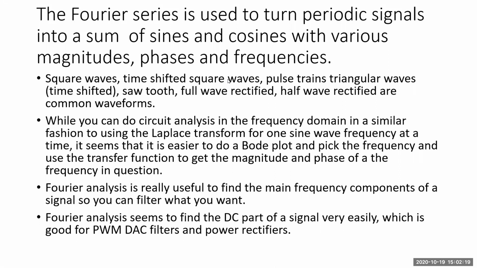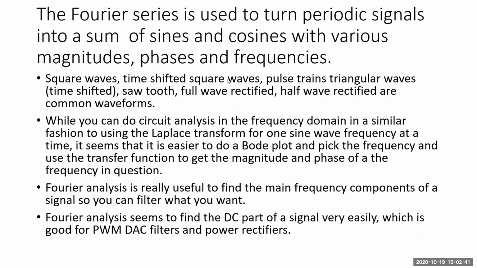Now, a long time really tends to be about 5 tau in reality, but things like repeating square waves, time-shifted square waves, sine waves, sawtooth, these are all signals that repeat.